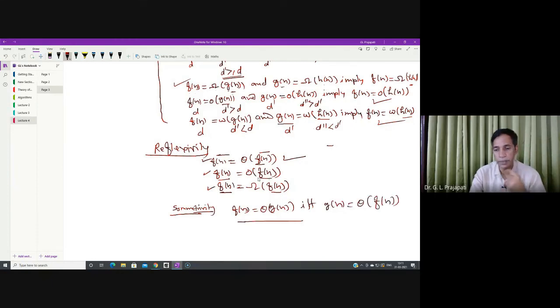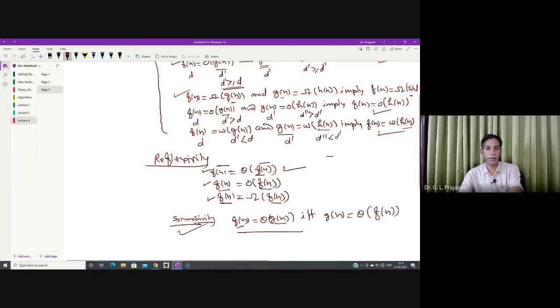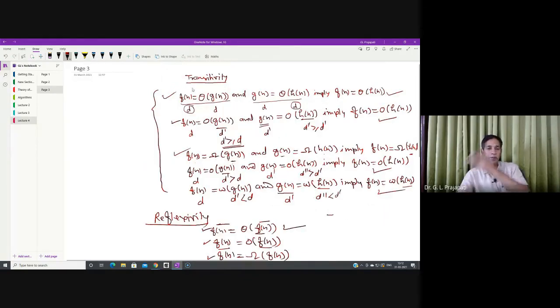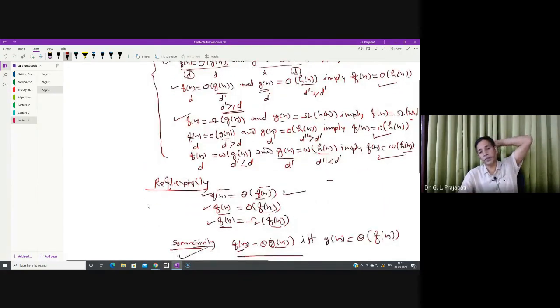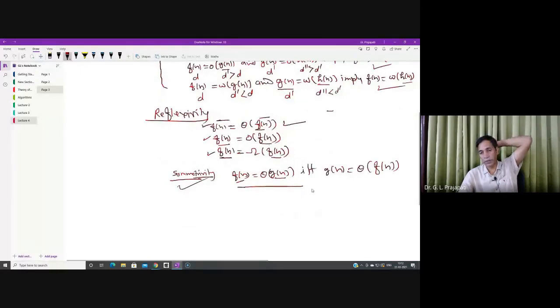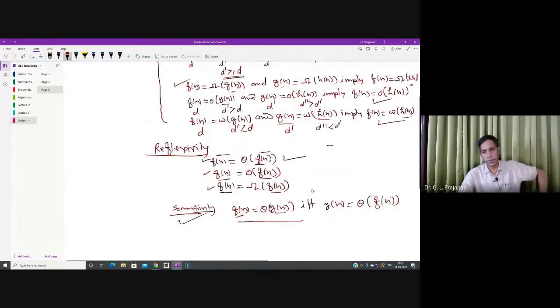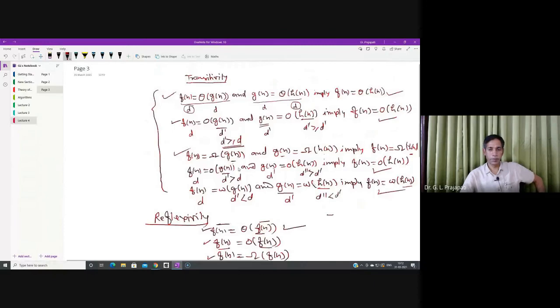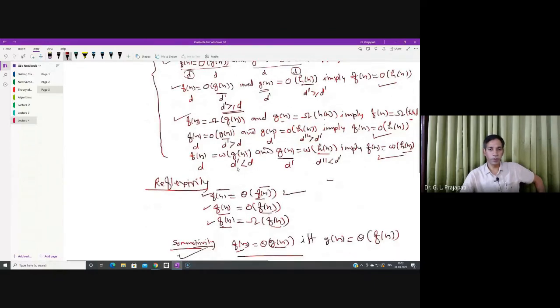So yes, we know that degree of f of n and g of n will be same because this is the theta notation, and hence only the theta notation denotes the symmetry relationship, and other notations are not going to denote the symmetry. So here what we have seen is that your asymptotic notations also denote some transitivity, reflexivity and symmetry relationships. So this is just the intuition of your asymptotic notations.